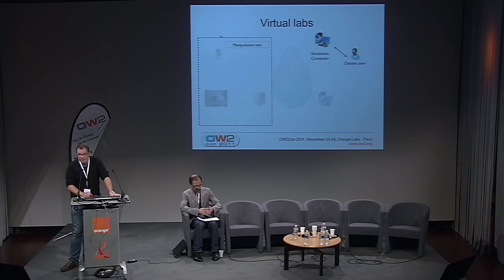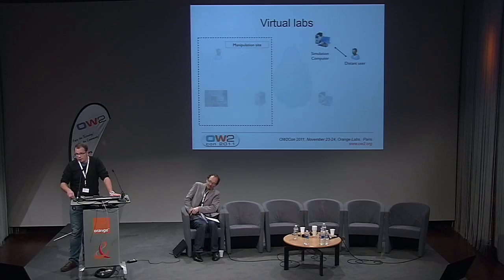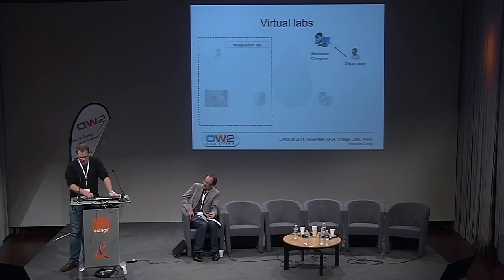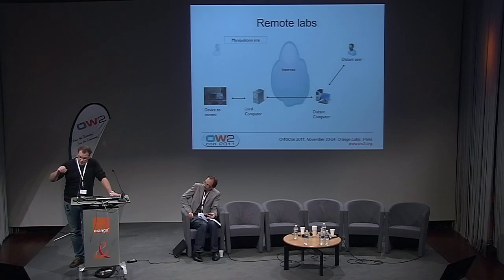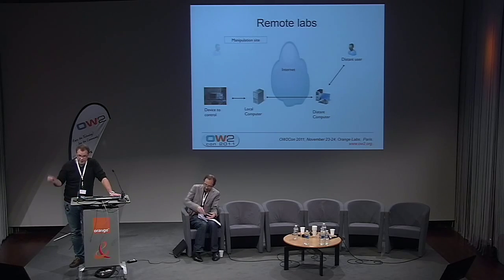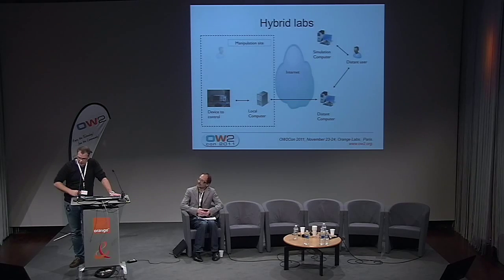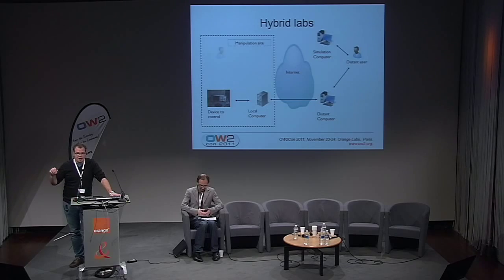We have the virtual labs, where everything is virtualized. It can be online or not, or everything stored on the PC of the user. We have the remote labs, where you only control the device through the internet. And then the hybrid labs, where you have control of the real device and a part of simulation.